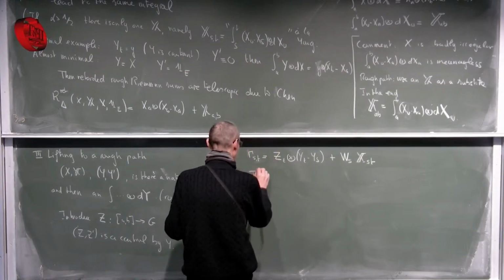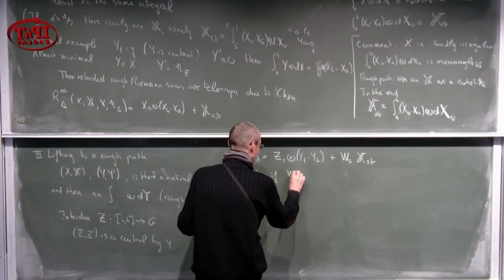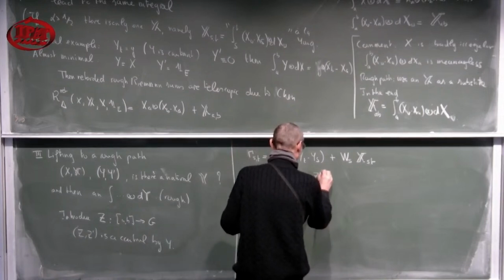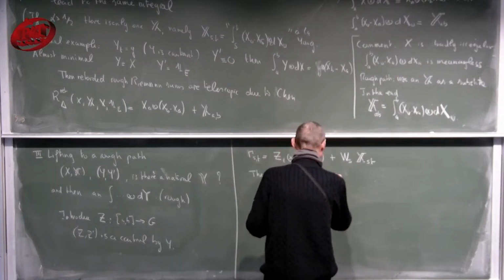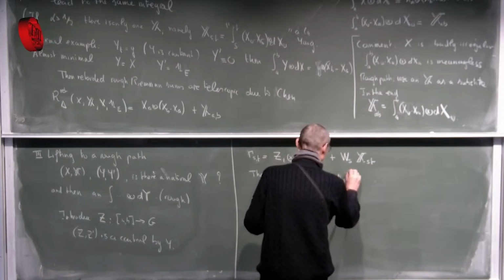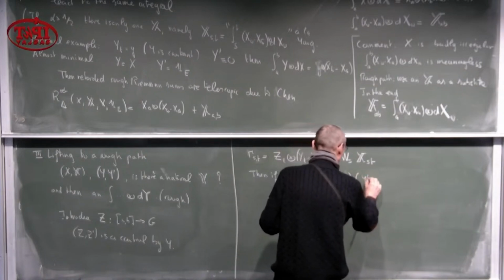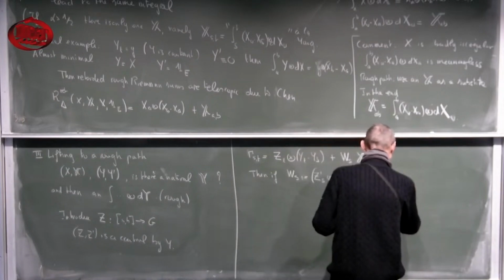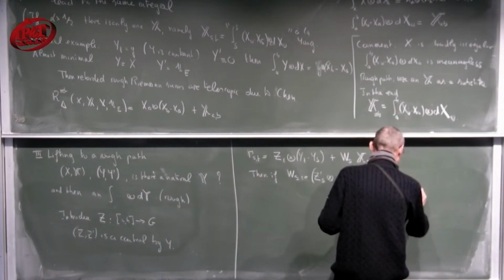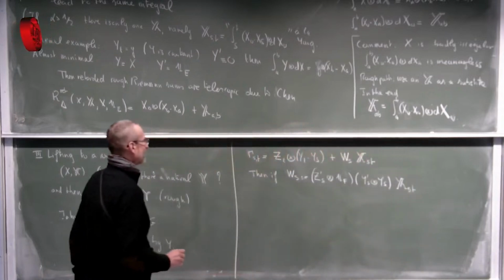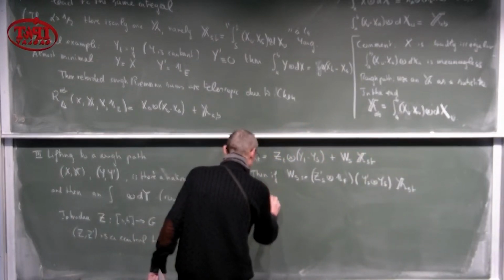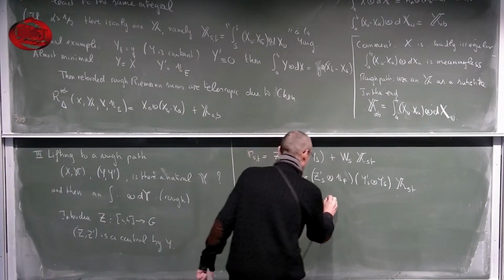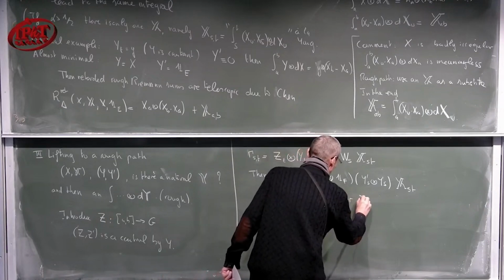And then if W_s is defined to be Z prime s, tensor 1, Y prime s, tensor Y prime s, and X_st, Gamma_st is triangular of order 3 alpha.